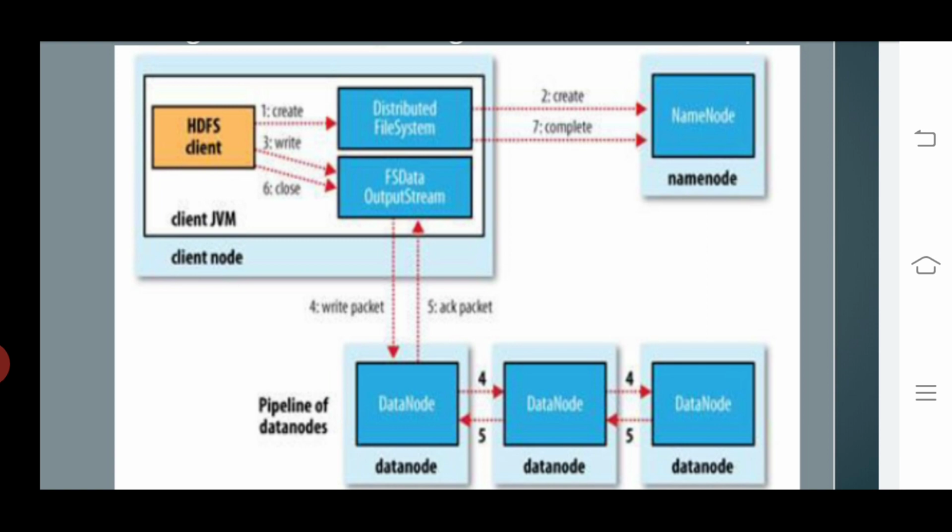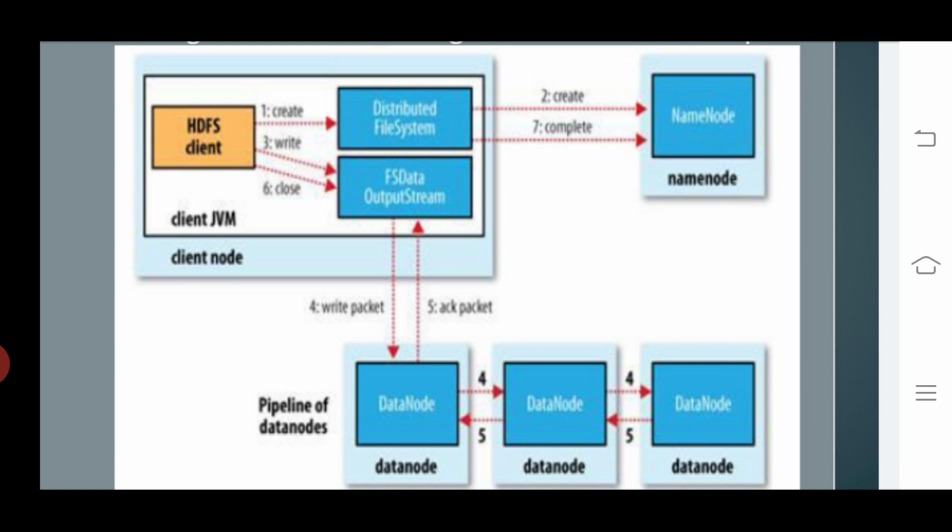First the pipeline is closed, and any packets in the acknowledgement queue are added to the front of the data queue, so that data nodes downstream from the failed node will not miss any packets. The current block on the good data nodes is given a new identity, which is communicated to the name node.